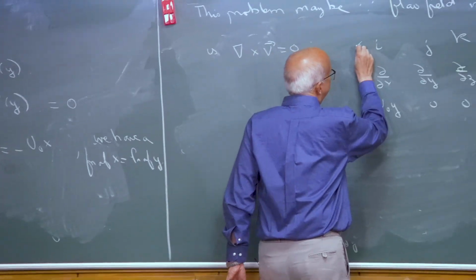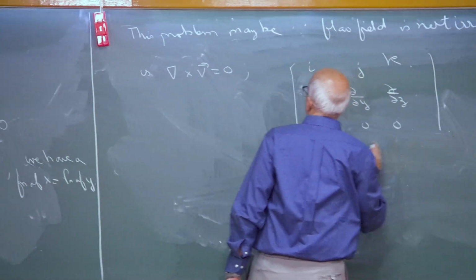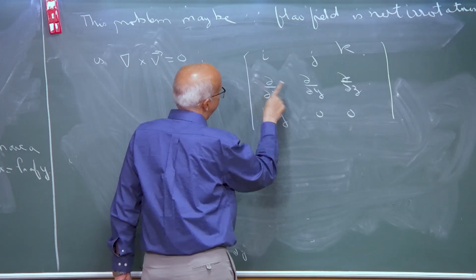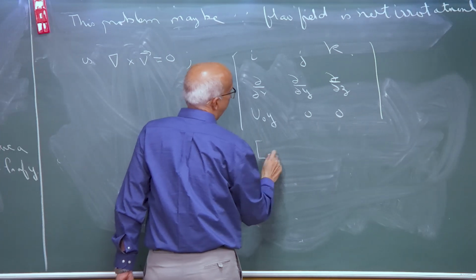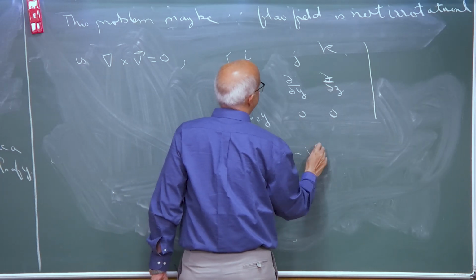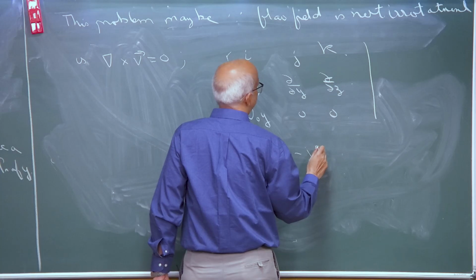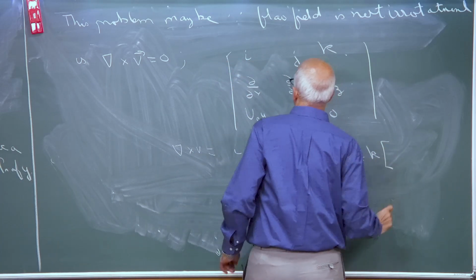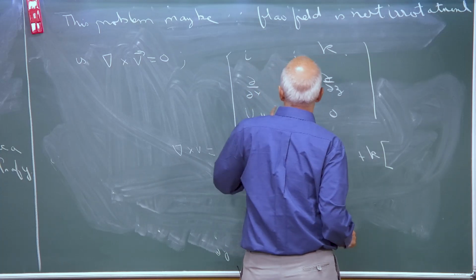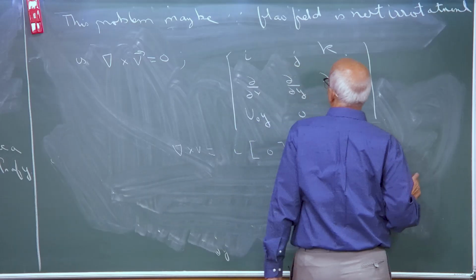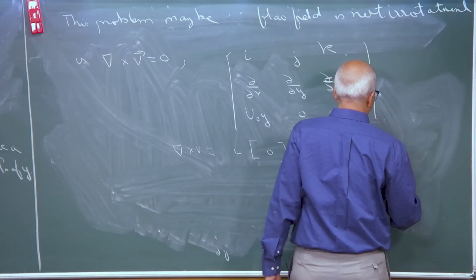We calculate this, the curl of V is: you get i multiplied by 0, because there is no change in z, minus j times 0, plus k times minus u naught.